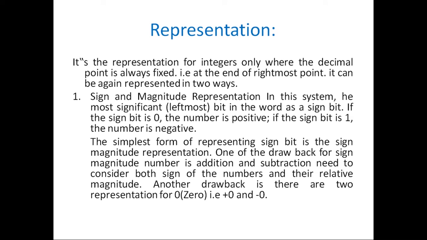If the sign bit is equal to 0, the number is positive. The leftmost I am talking about. If the sign bit is 1, the number is negative. This is the simplest form of representation. One of the drawbacks of sign magnitude numbers is that addition and subtraction need to consider both the signs of the numbers and their relative magnitude. Another drawback is that there are two representations of zero, that is plus 0 and minus 0.